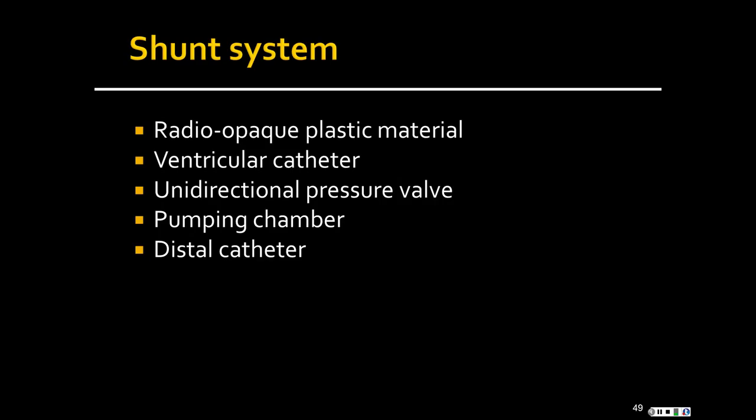Shunts will manage ventricular enlargement and help manage the increase in intracranial pressure. Now, most often in your pediatric patients, the shunts are ventriculoperitoneal. That means that it's going from the ventricles into the peritoneum.